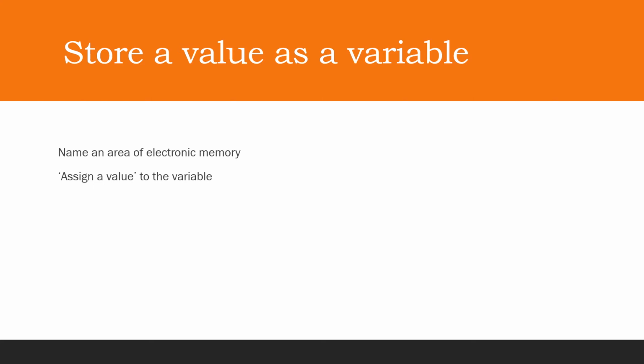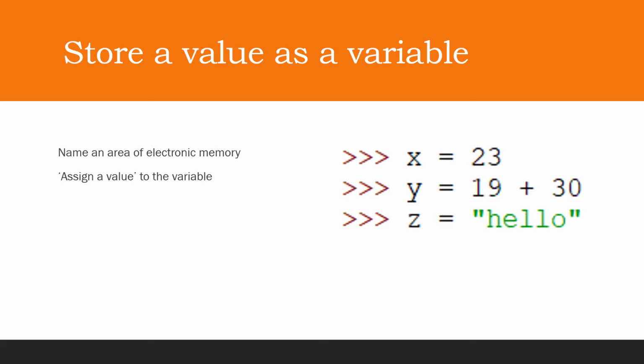Instead, we give an area of electronic memory a name. We can choose almost any name that we want, and then we assign a value to this variable. Perhaps it's easier to see an example. So here are 3 examples. I've created an area of electronic memory that I've called X, and I've given it the value 23.